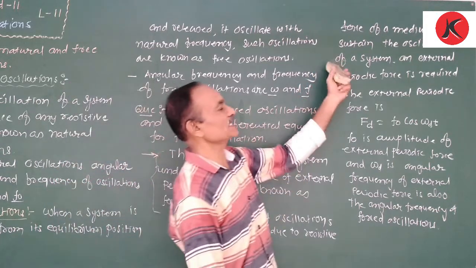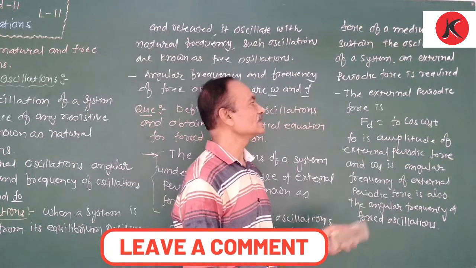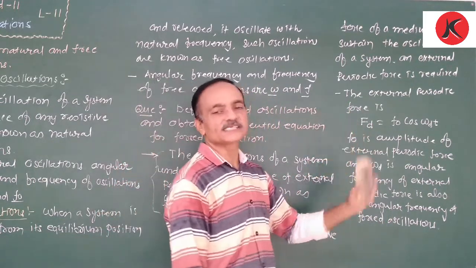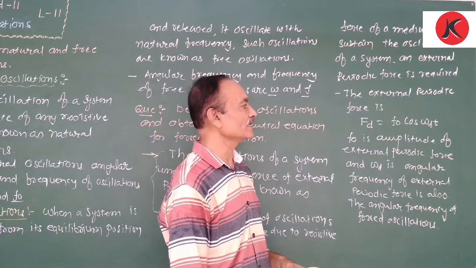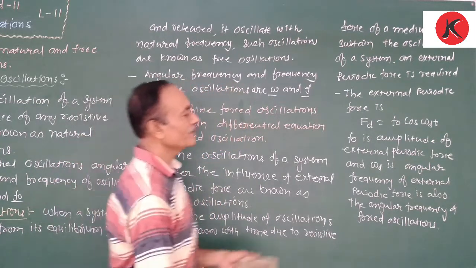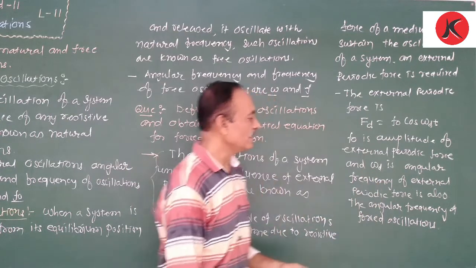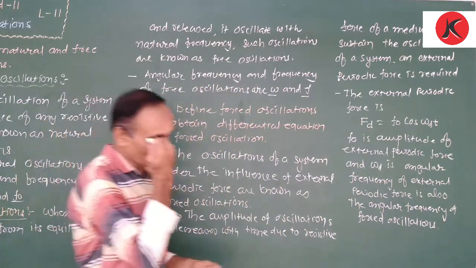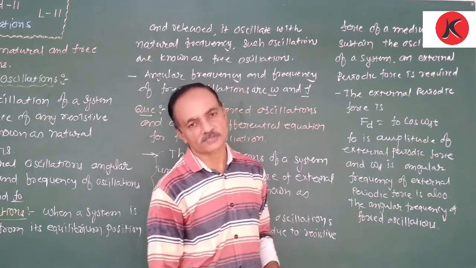To sustain the oscillation of a system, an external periodic force is required, and the external periodic force is denoted by Fd is equal to F0 cos omega d into t. Right? F0 is the amplitude of the external periodic force, and omega d is the angular frequency of external periodic force. And this angular frequency is also known as the angular frequency of forced oscillation.